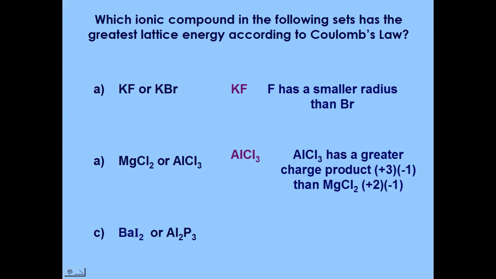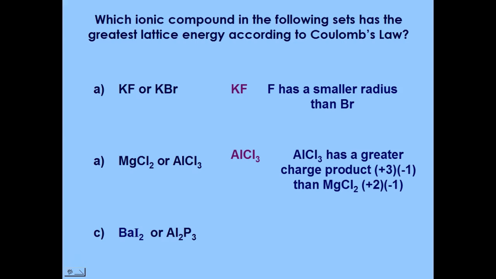And letter C, we have BaI2 or Al2P3. Barium is closer to francium than aluminum is. Iodine is also fairly large, so those are two really big elements. So they're going to form larger ions.